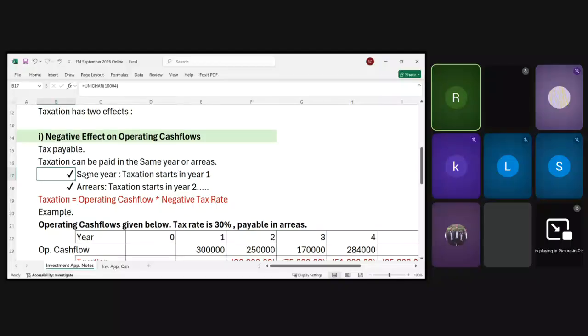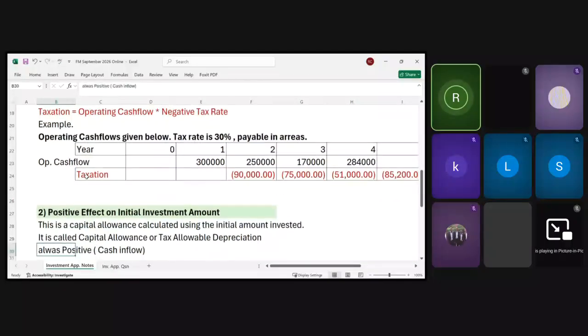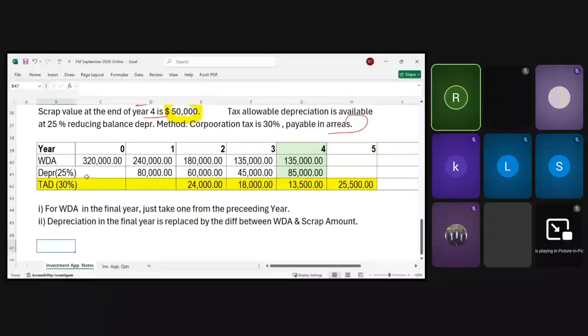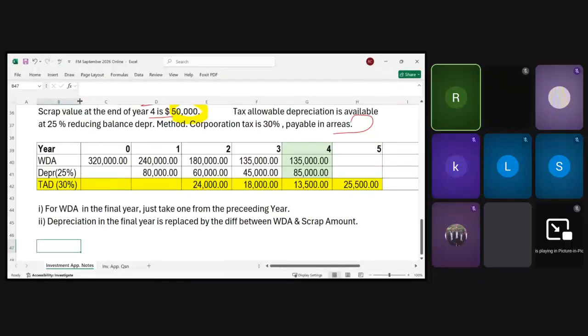We do not pay taxation in advance. Advance could mean year 0, so we don't start off by paying taxation. Whatever is called in advance starts from year 0. You understand? Yes, understood.